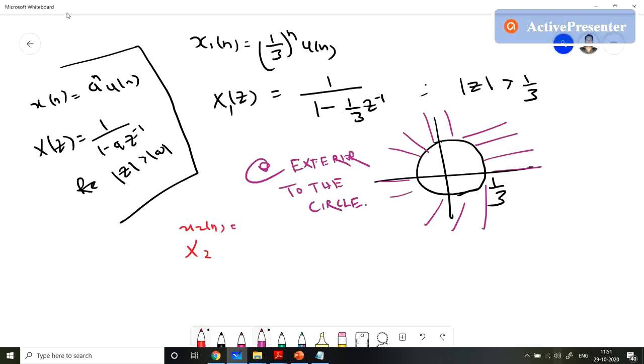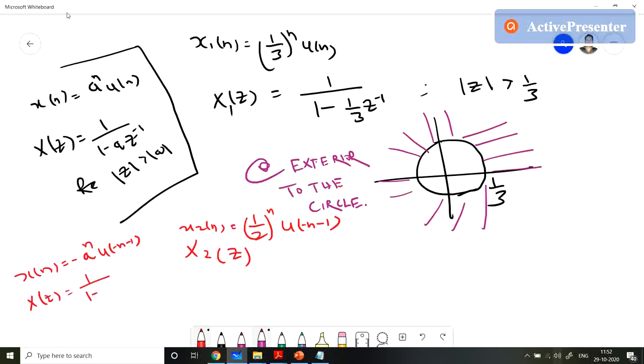Let us discuss another signal, x2[n] equal to (1/2)^n u[-n-1], then X2(z). If we remember, if x[n] is equal to minus a^n u[-n-1], then X(z) is 1 divided by 1 minus a z^-1, and the ROC is |z| less than |a|.